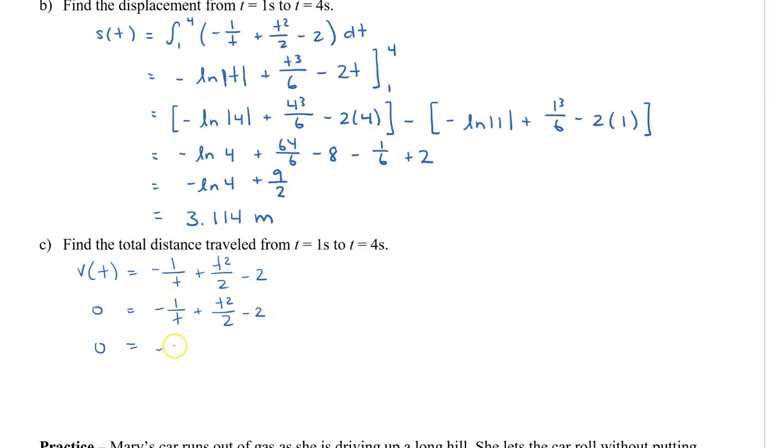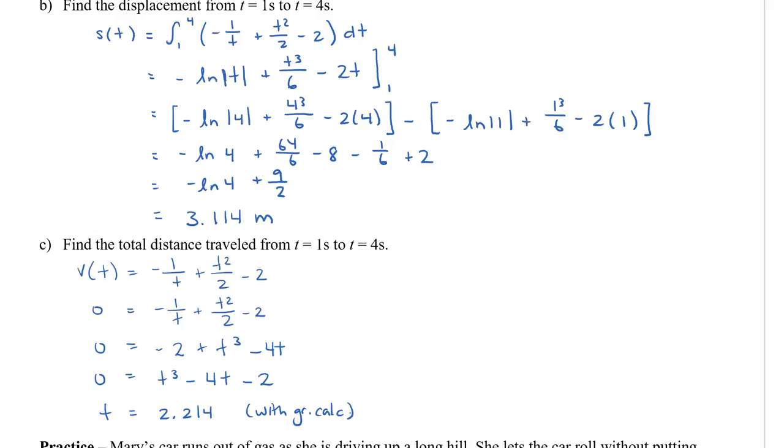So I'm going to multiply everything by 2t first to get rid of our fraction. And then let's write our equation in descending degree order. Now, in order for us to solve this, I actually need to use my graphing calculator. So I'm going to get 2.214 for my time, and that's with a graphing calculator.